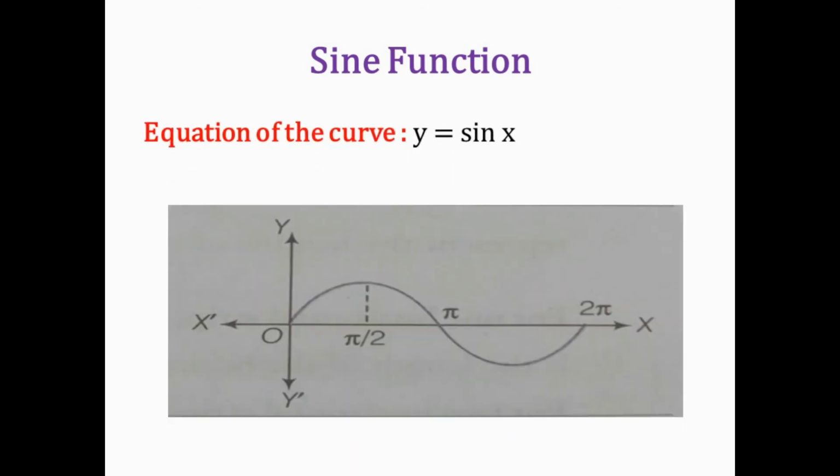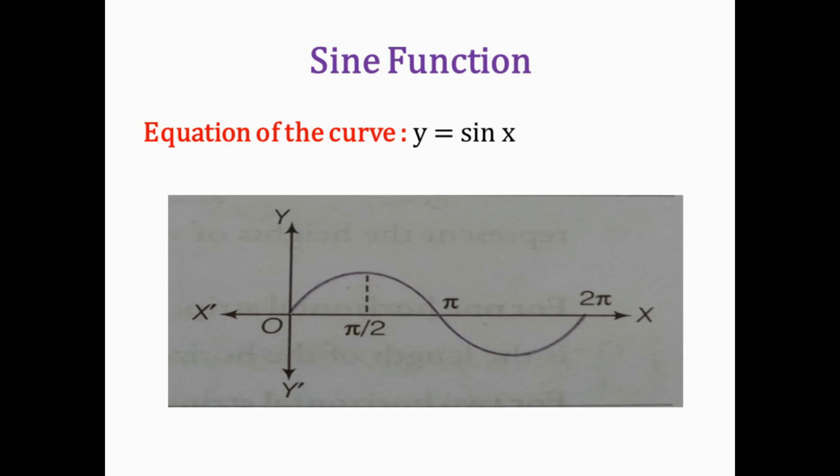The next one is sine function. For this, the equation is y is equal to sin x. If you happen to find y is equal to sin x in the question, then you have to draw this graph. It starts from the origin, it passes through the first quadrant and then through the fourth quadrant, above and below x-axis. So this is how you have to draw sine function in the graph.